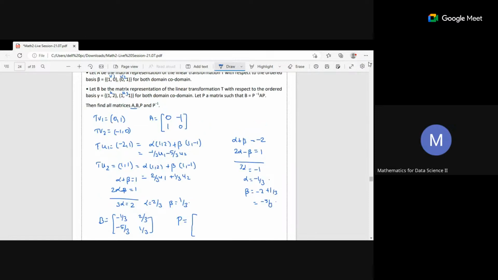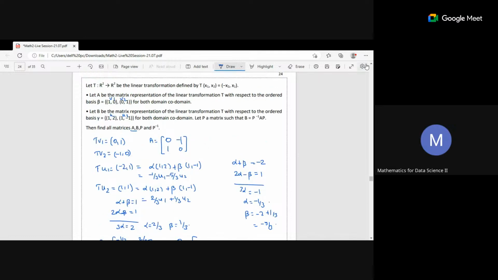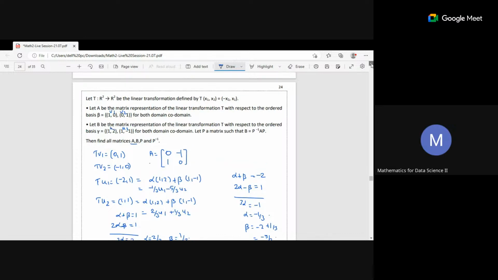You have to express this. P is for the domain and Q is for the codomain, if I am right? Yes, that is how we do it.